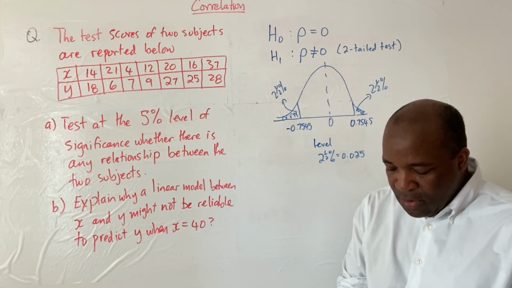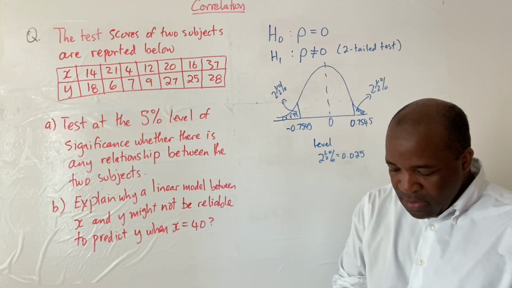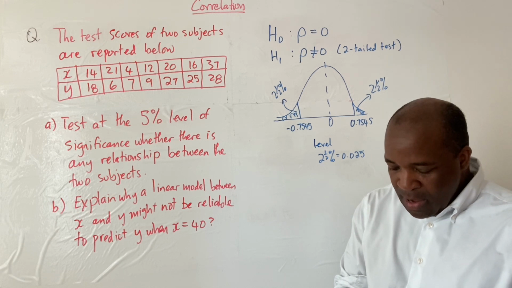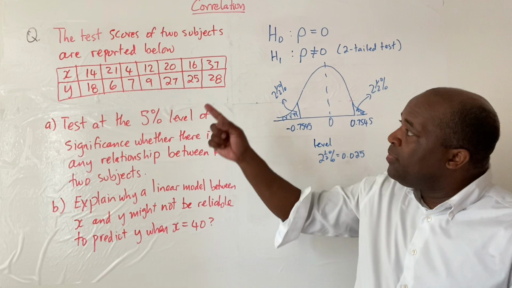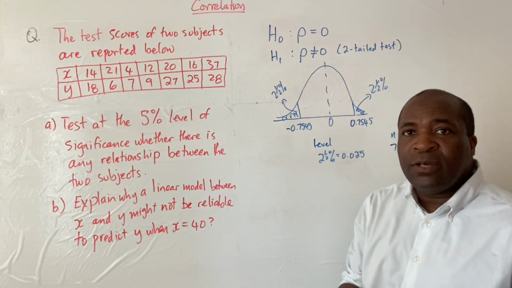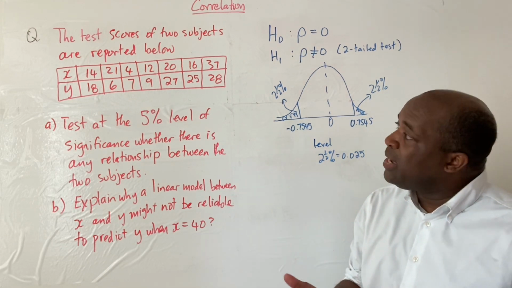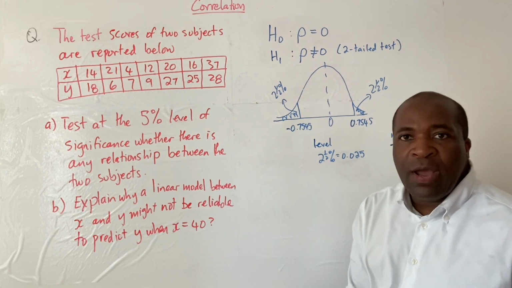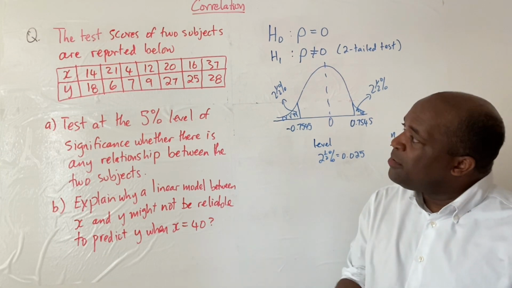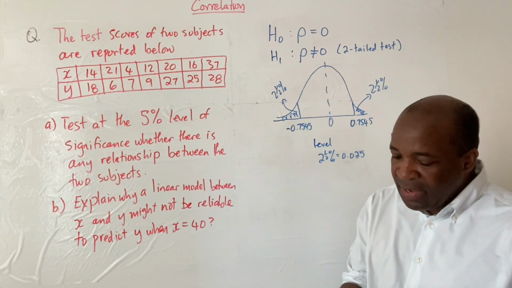So I delete all, and now I'm going to enter into list 1 the X values. It doesn't really matter because the correlation will be the same if you put the X values in list 2 and the Y values in list 1. But usually for me, I'm going to use list 1 as my X.